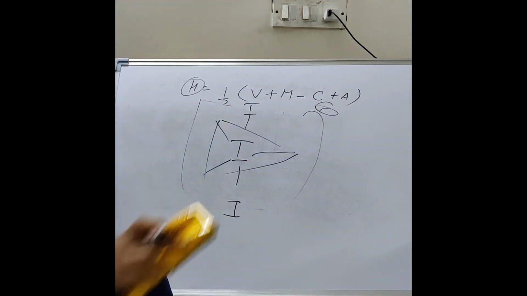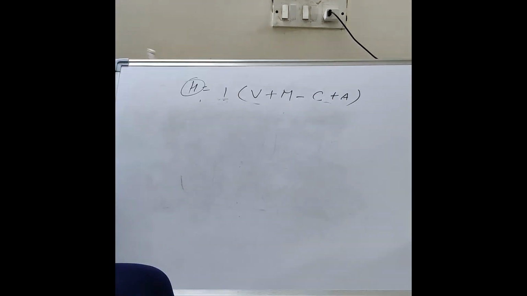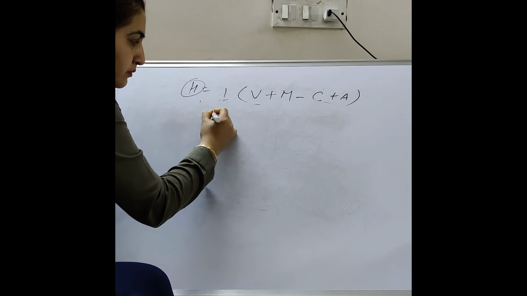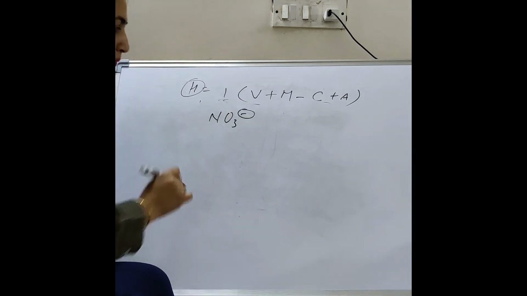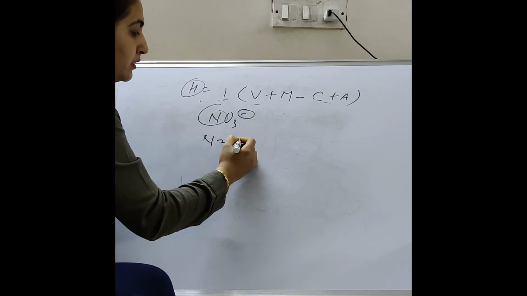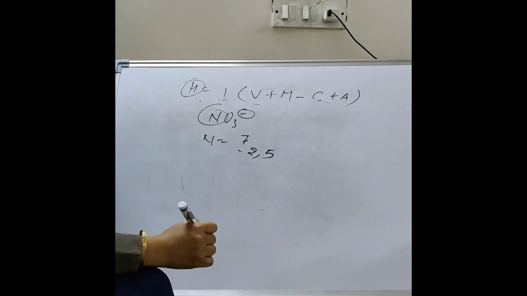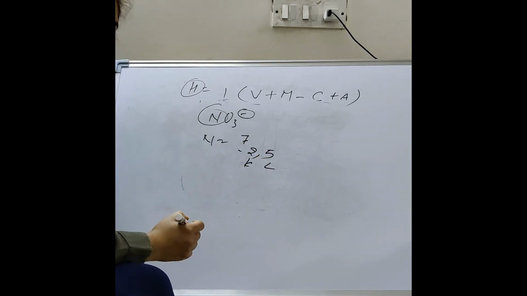Right? So one more. Let us take the example of NO3 negative. Right? So nitrogen, atomic number 7. Right? First shell 2 electrons, L shell 5 electrons.